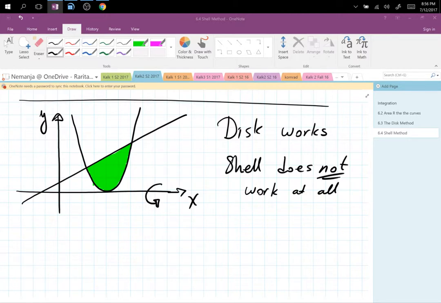Shell method cuts parallel to the axis of rotation. If the axis of rotation is this way, you are cutting that way and you're creating shells. That's why it's called shell method. So the cut will tell you which way.